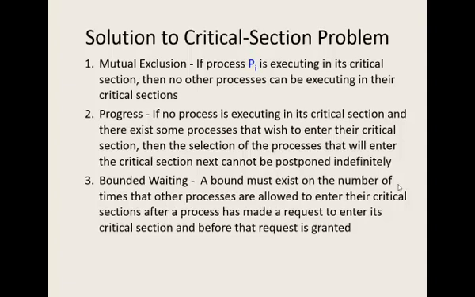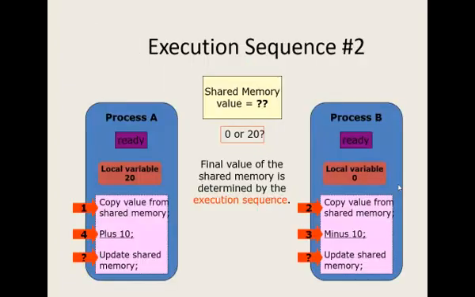So when one process like process A enters the critical region and does the operation, process A may have some other operations as well, so this may not be the only operation. When process A completes, that means it updates the shared variable, immediately after that process B should be allowed to enter the critical region. So the system should be in progress. That is the idea of the second condition, right?